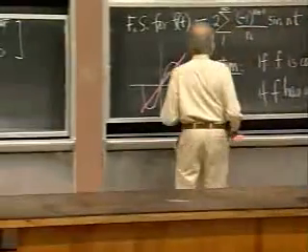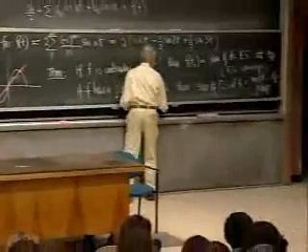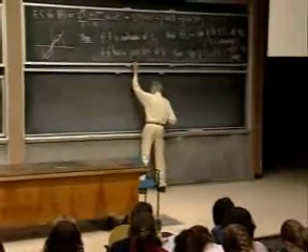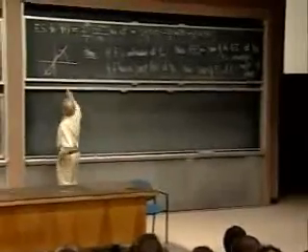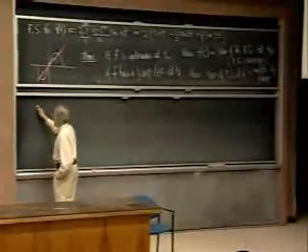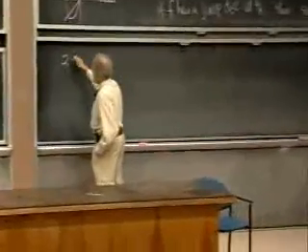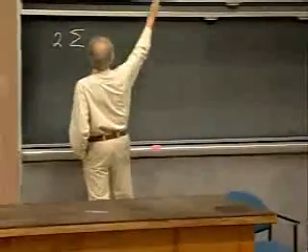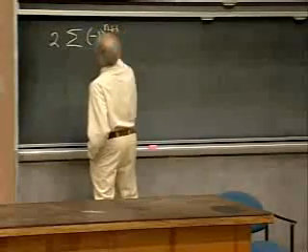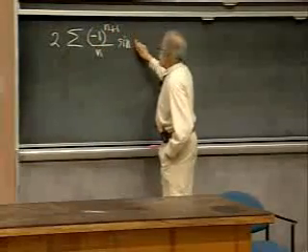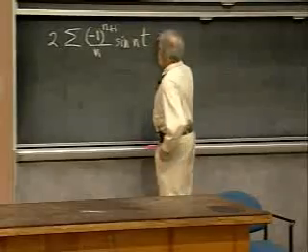So if I ask you to what does this series converge, I'll write it out in the abbreviated form, the summation of (-1)^(n+1)/n sine nt. What's the sum of the series?